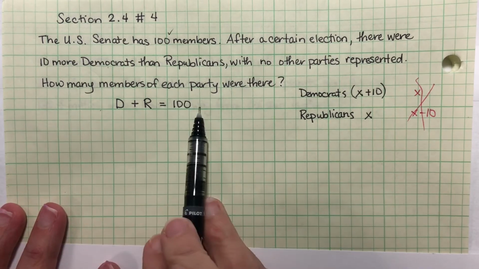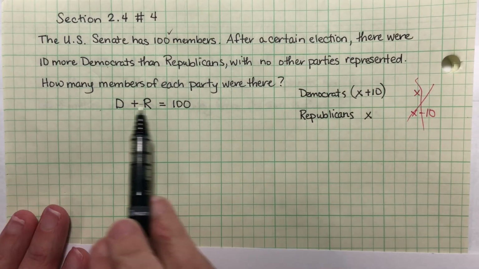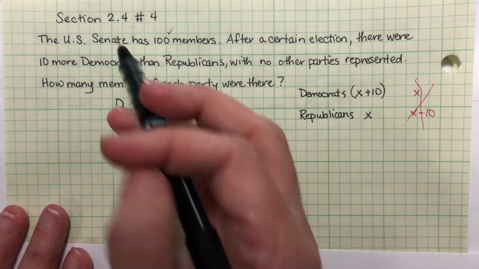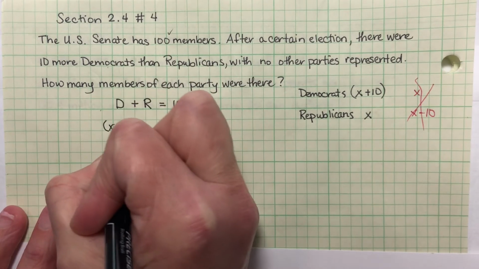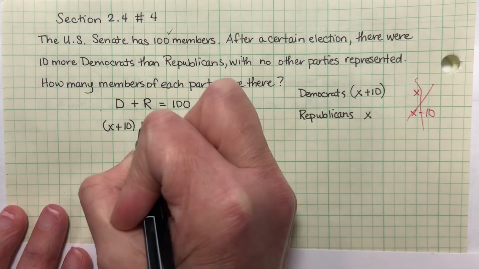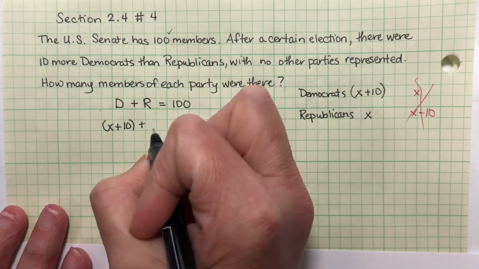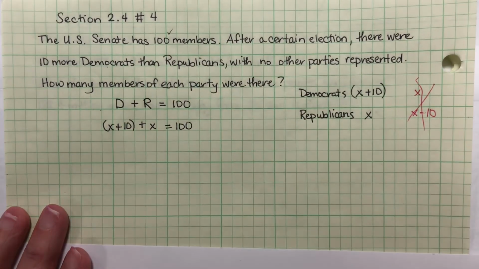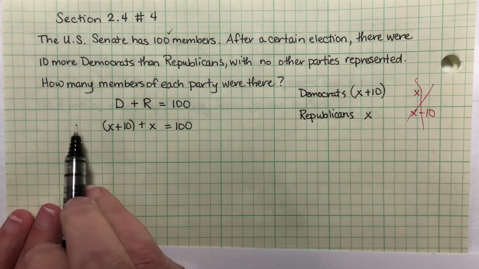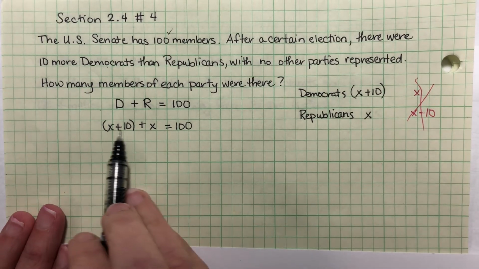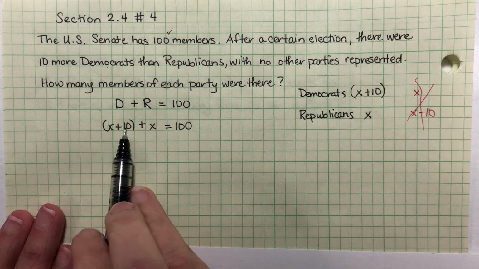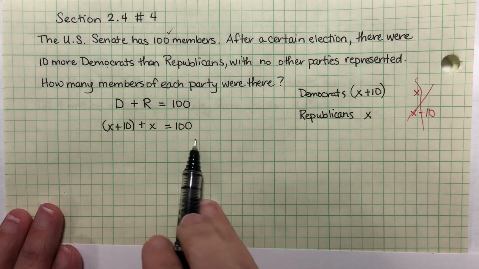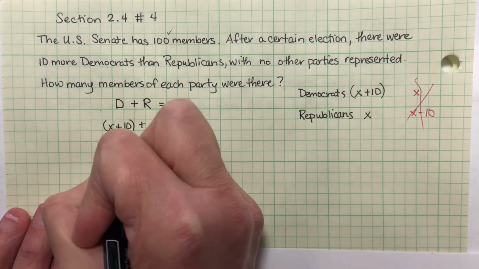Now I'm going to use this. This is my general plan. The number of Democrats, which is X plus 10, plus the number of Republicans, which is X, has to equal 100. Now, I have a 1 in front of here. The parentheses are just to help you see that X plus 10 belongs to the Democrats. Mathematically, the parentheses don't mean anything here.